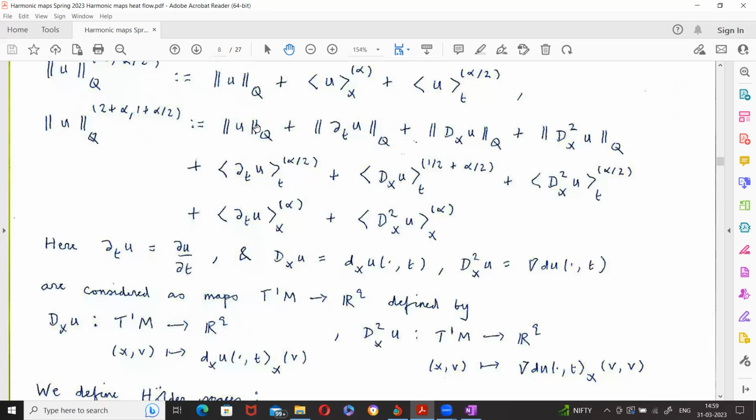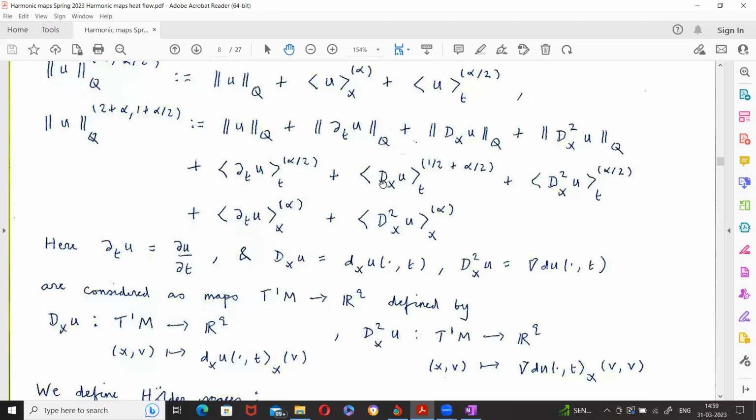Yes, sir. Okay. But now I have this extra alpha and alpha by 2 in the space and time variables. So what that is going to mean is that I'm going to take the alpha by 2 Holder norm of the first time derivative, ∂_t u. So this thing, I'm going to take its alpha by 2 time Holder norm and its alpha space Holder norm. Okay. So these two terms I'm going to take.